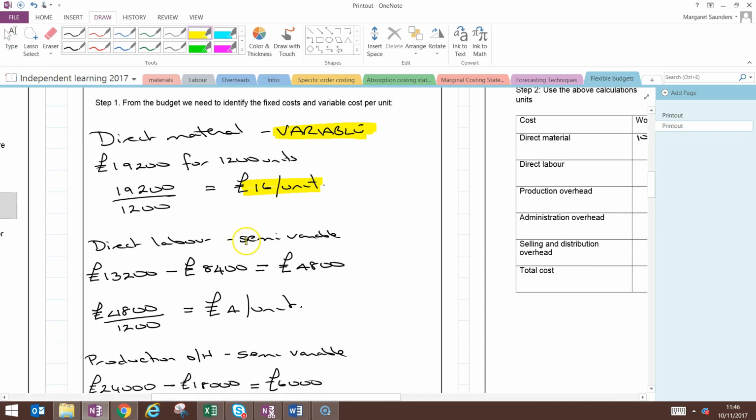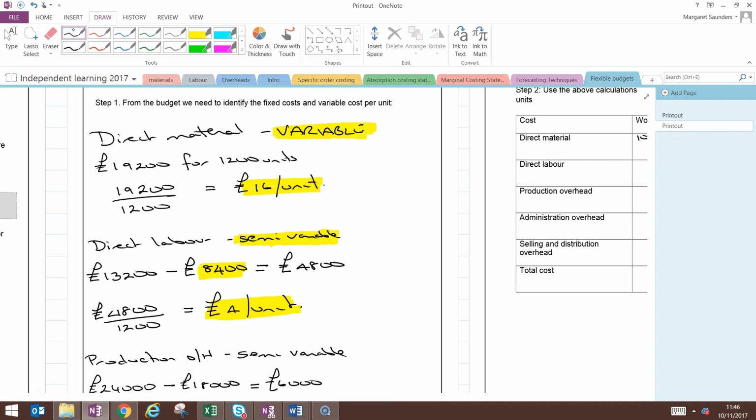Direct labour we have identified as semi-variable. There is a fixed part of 8,400 and a variable part of £4 a unit.